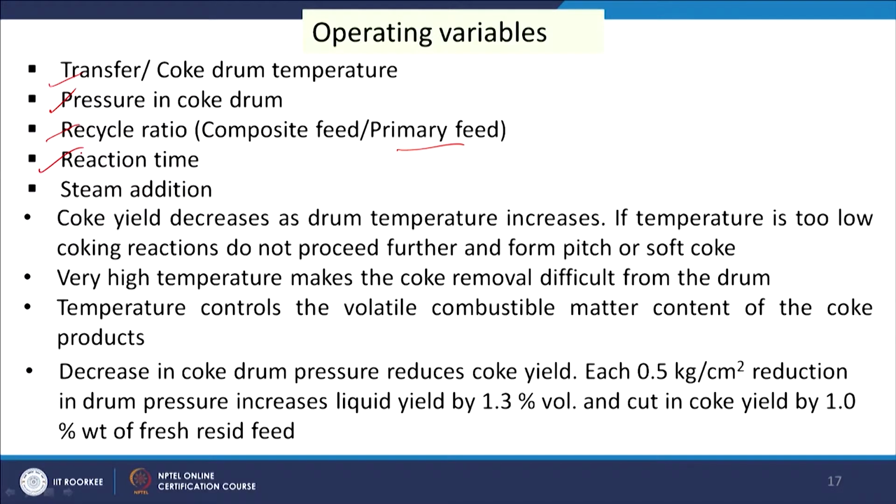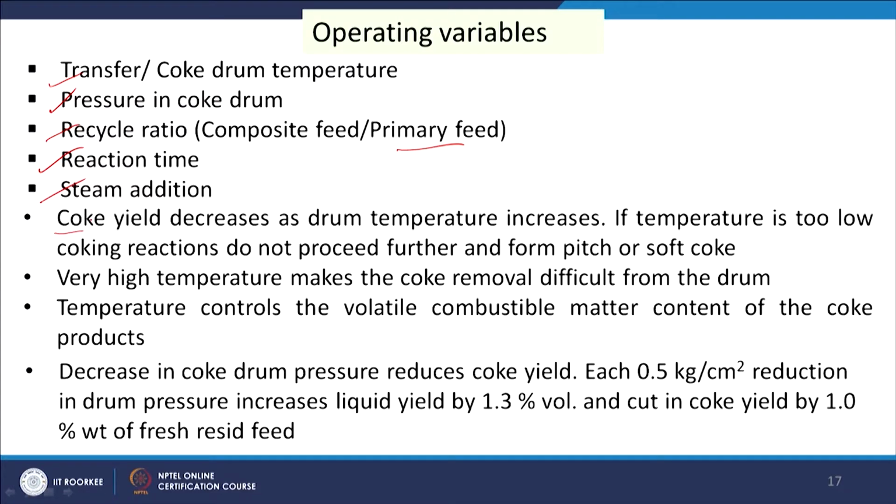I have shown you that we add some fresh feed to the VR, taking a composite feed and primary feed, and that ratio is called the recycle ratio. That also influences the quality of the products, and so do the reaction time, how much time I give in the furnace, and how much steam is added.